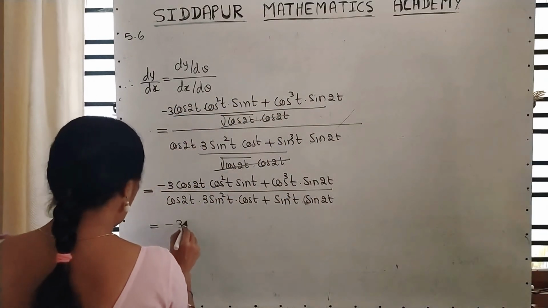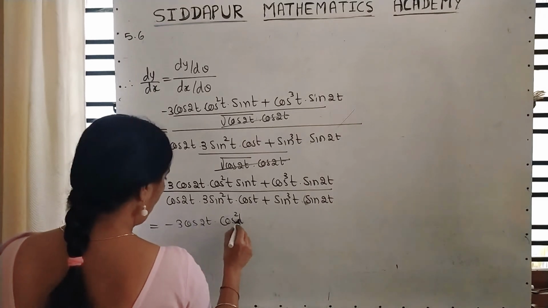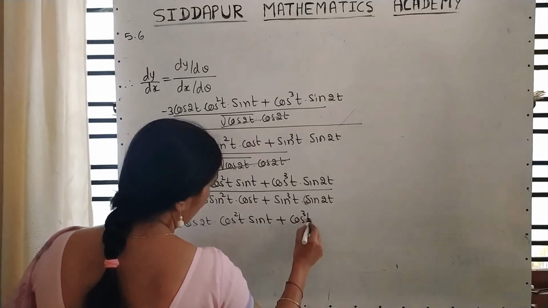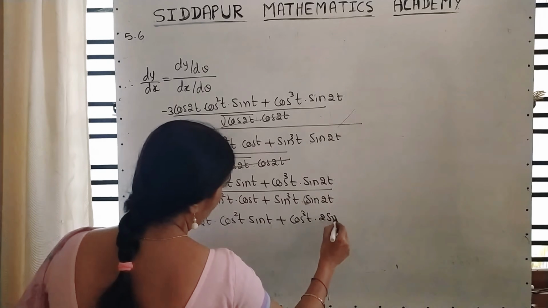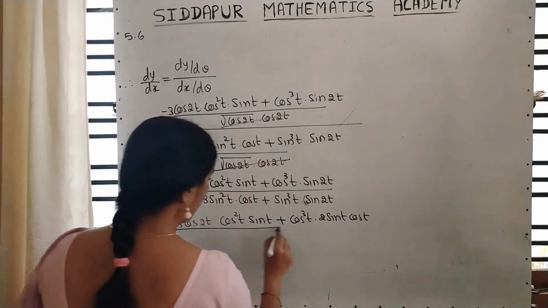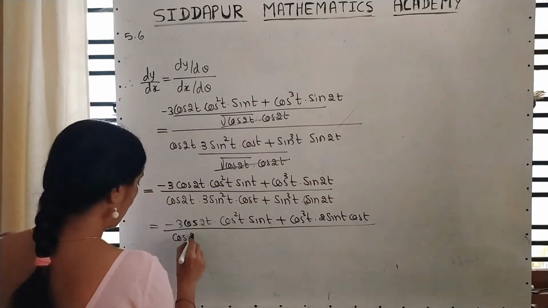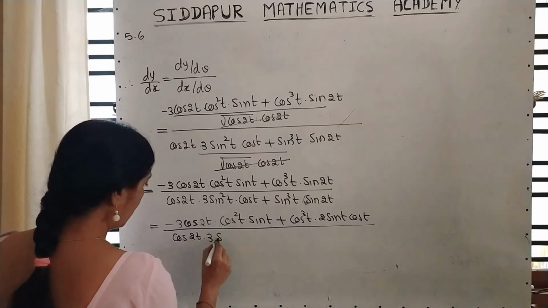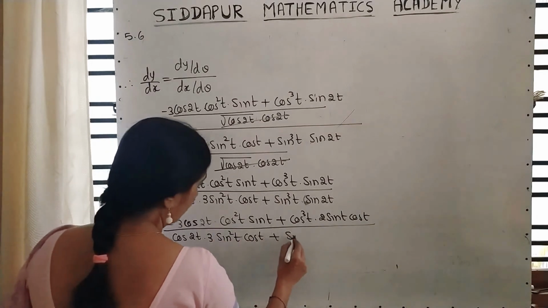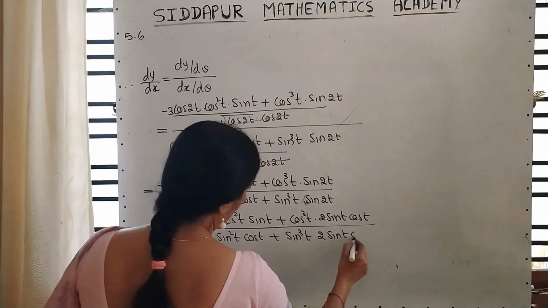Minus 3 cos 2t into cos square t into sin t plus cos cube t, divided by, I kept cos 2t, 3 into sin square t into cos t as this, plus sin cube t into 2 sin t into cos t. Sin 2t is 2 sin t into cos t, multiples and submultiples.